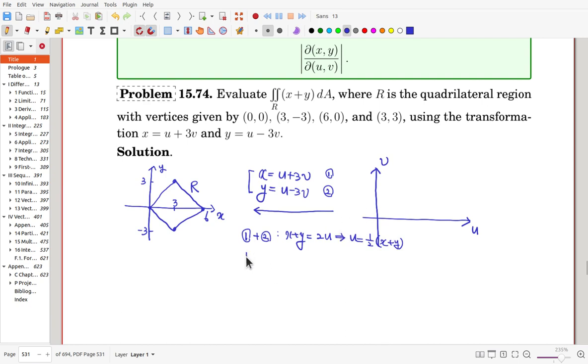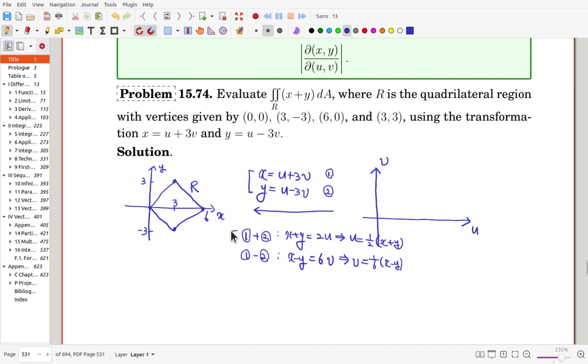Now how about 1 minus 2? Then the left hand side is x minus y, the right side is 6v, so that v equals 1 over 6 times x minus y, right? Okay.